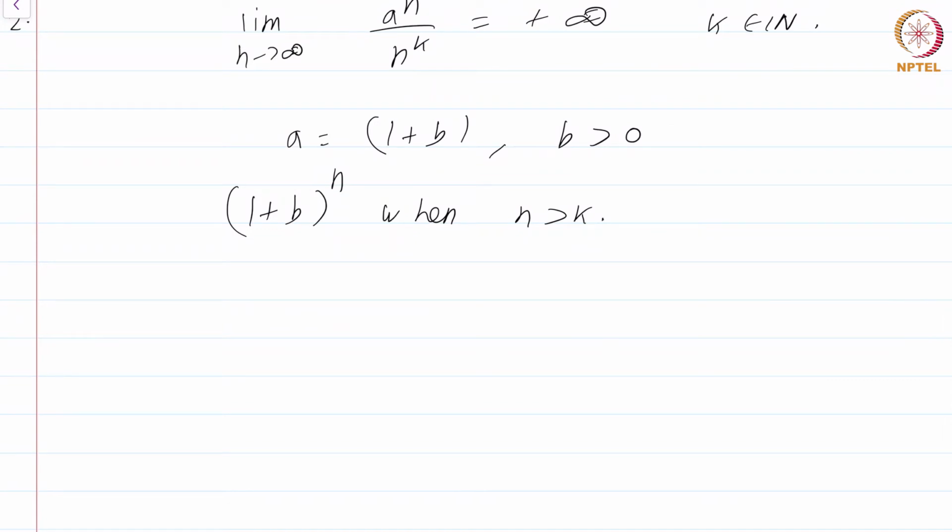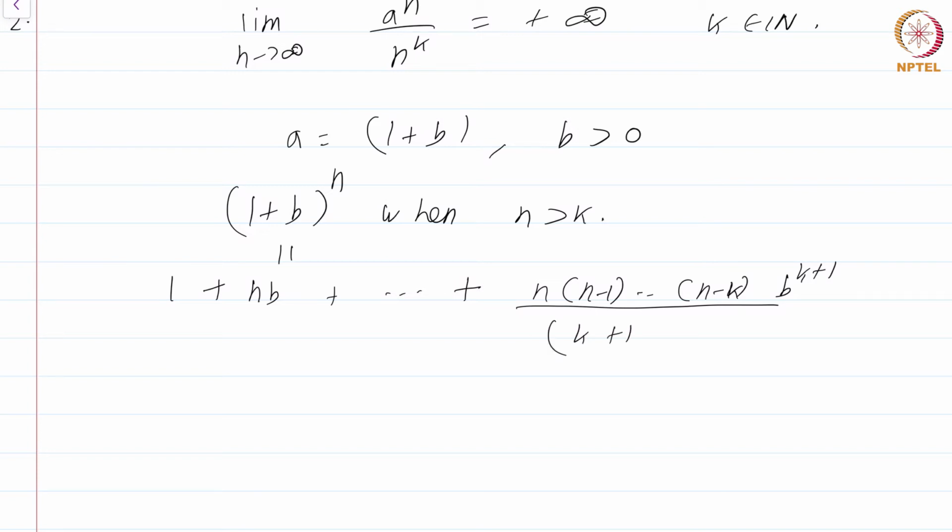This is nothing but 1 + nb + some other terms, and I focus on one particular term, and you should be able to guess what this term is. It is b^{k+1} / (k+1)! plus some other terms.